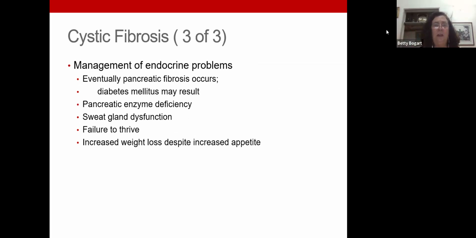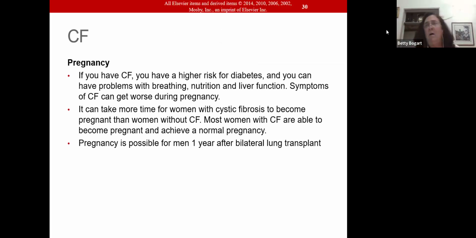Now, one of the things with cystic fibrosis, because it has to do with pancreatic insufficiency, it can lead to diabetes mellitus. It's the pancreas, right? So remember that also. And with cystic fibrosis, women can get pregnant. It's a high risk, but they can get pregnant.